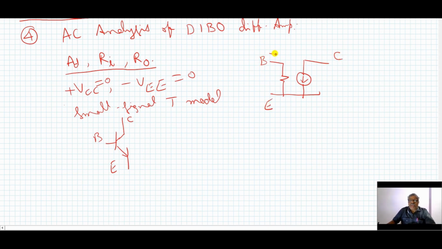The current flowing through this is IB, this is HIE, and this is a dependent current source, HFE into IB. This is the approximate H parameter model we use in place of the transistor. But in the small signal T model, another name for which is the RE model, the circuit is like this. This is base, this is emitter, this is collector.